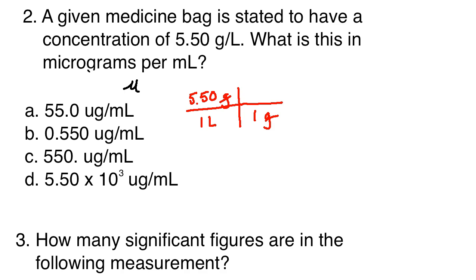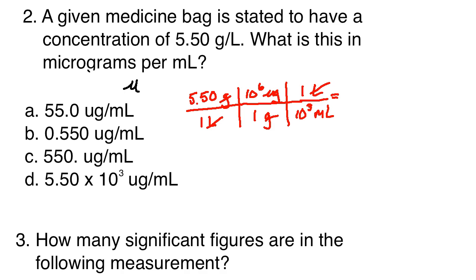The microgram is a smaller unit. There are 10 to the 6 micrograms in 1 gram. Then, once I have micrograms in my numerator, the denominator, which has liters, needs to be changed to milliliters. So 1 liter, the liters can now cancel out, is going to go to 10 to the third milliliters. And so if you run through the math on all of this, you should see that 10 to the 6th divided by 10 to the third is going to give me a 10 to the third.